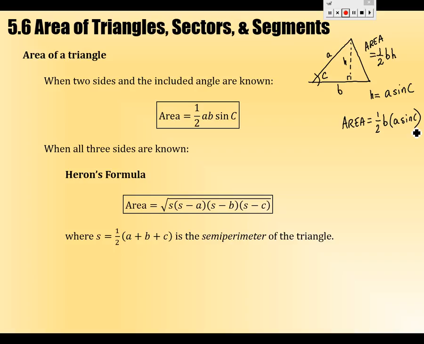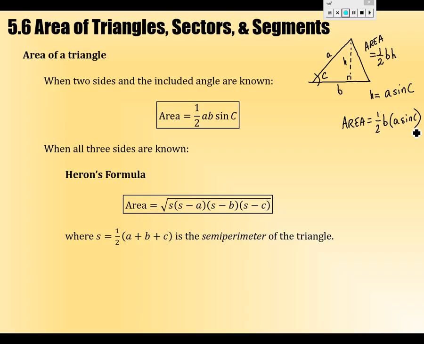But this is cool too, isn't it? It's called Heron's formula. And already you can look at it and say, that's beautiful. It's got a really nice symmetry to it. You need to read the comment below if you want to know what we mean by S. By S we mean the semi-perimeter of the triangle. A, B, and C are the side lengths.